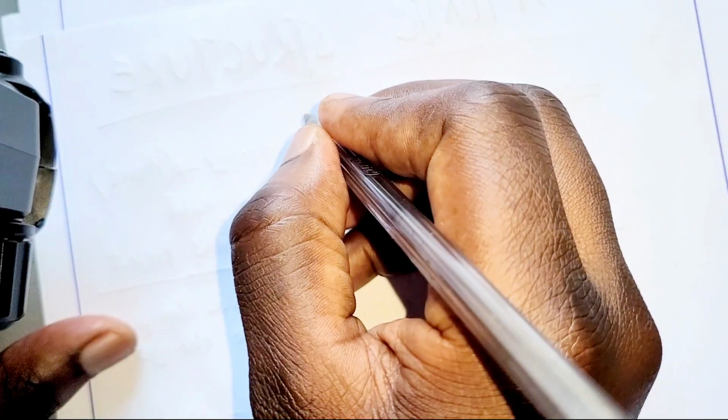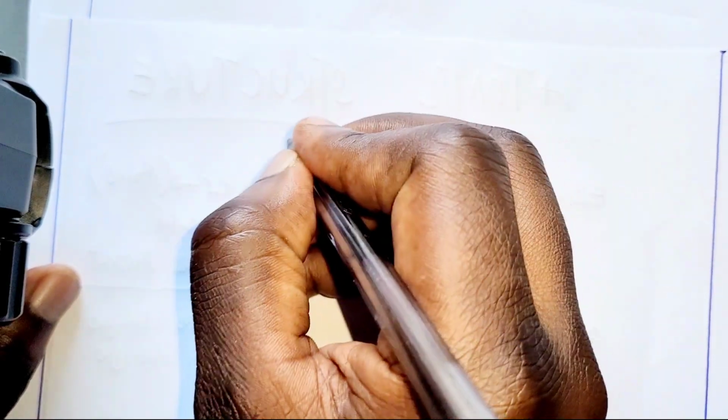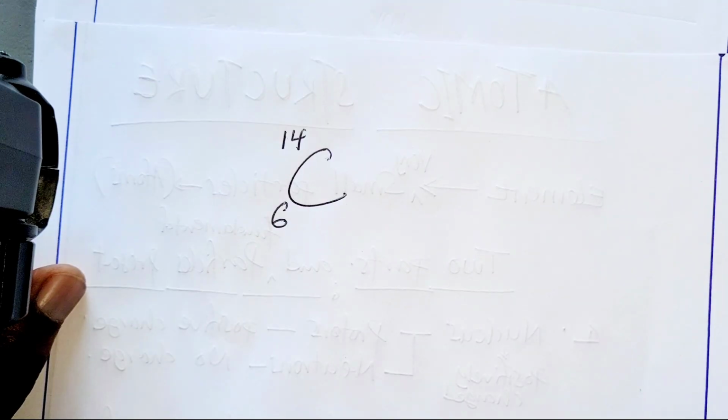That means if we have an atom like carbon, that is the symbol for carbon, it can be put a 6, which is the atomic number. Then the mass number, let us use carbon 14.